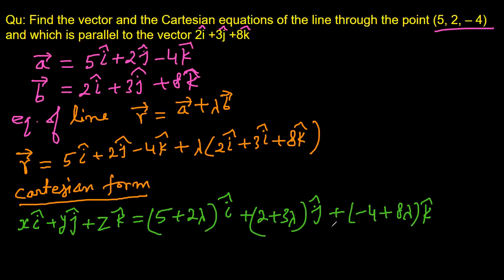Now equate their coefficients. If these two vectors are equal, the i component should be equal to the i component on the right, and the j component equal to the j component.